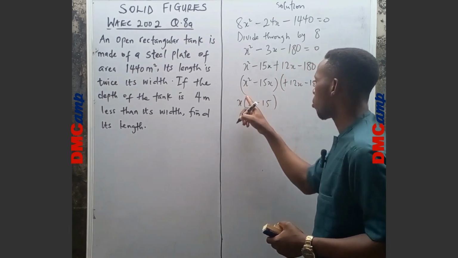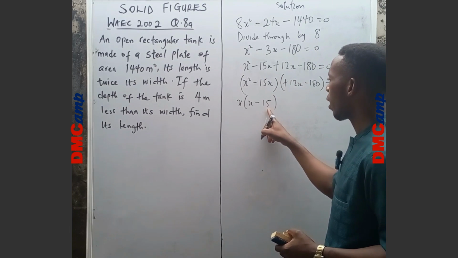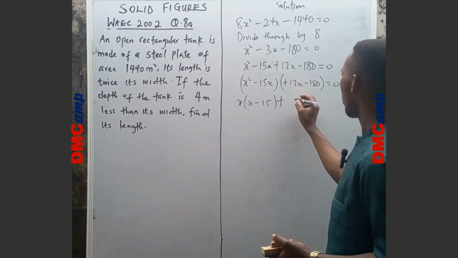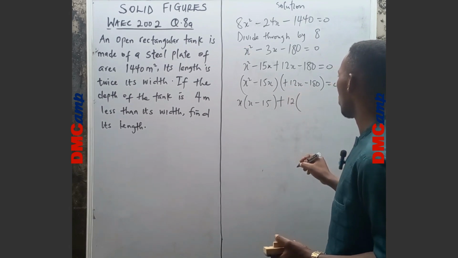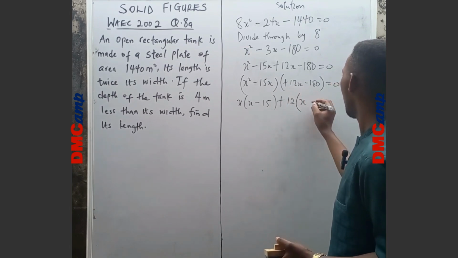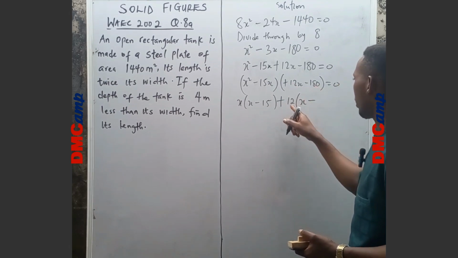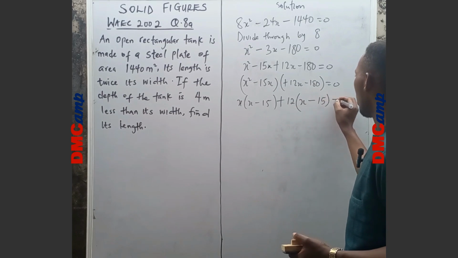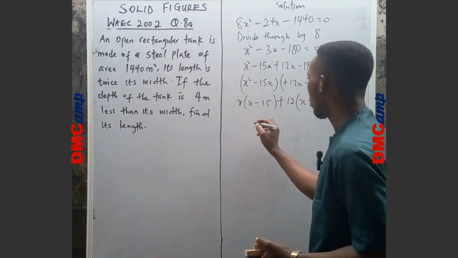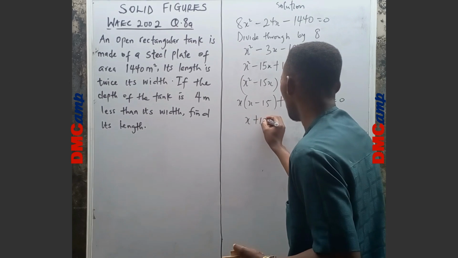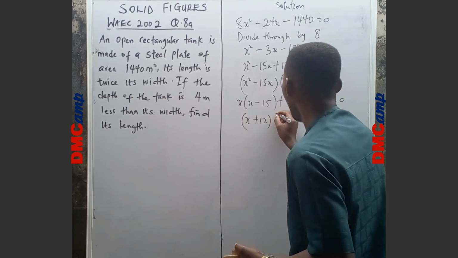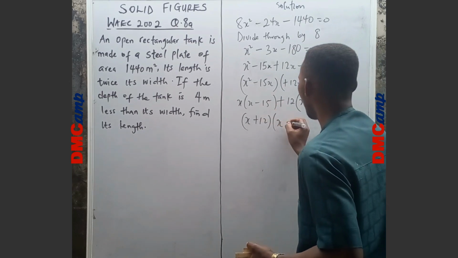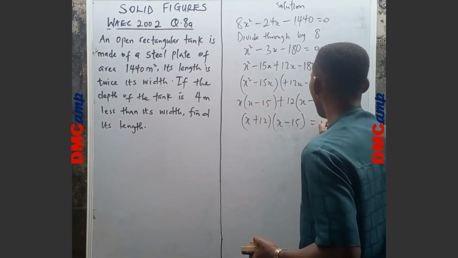If you take x from here, you have x, and if you take x, you have 15 left. Here, what is common to this and this? 12 is common. Here you are going to have x minus 15. If you divide 180 by 12, you are going to have 15. So from here, we have for our factors x plus 12, then x minus 15. Since you have this common, you pick one factor.